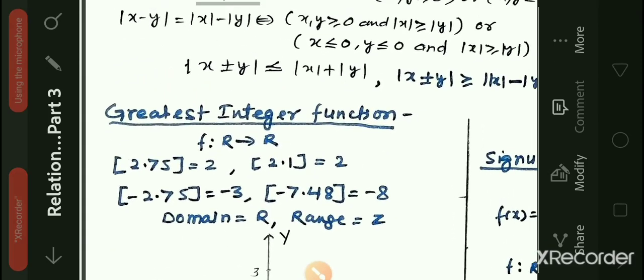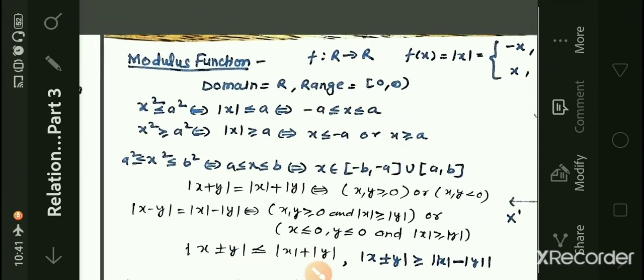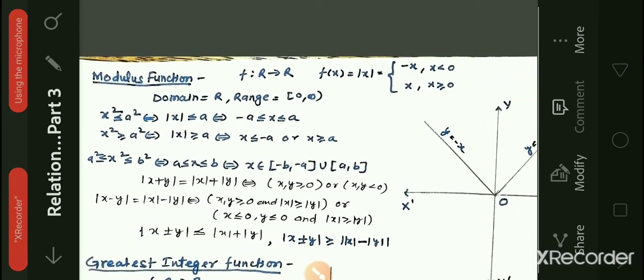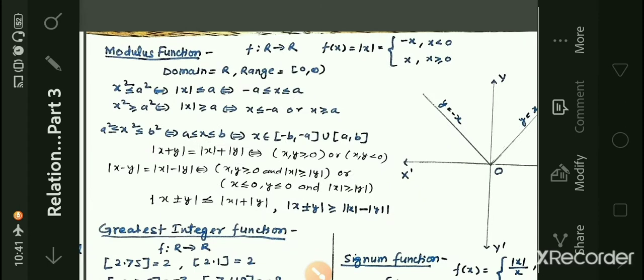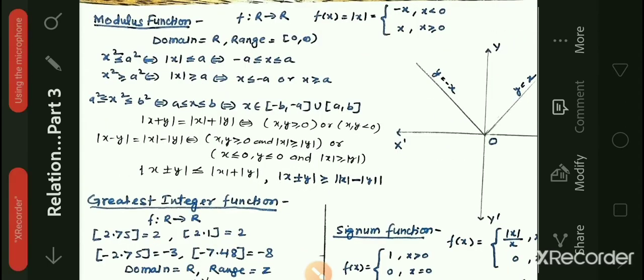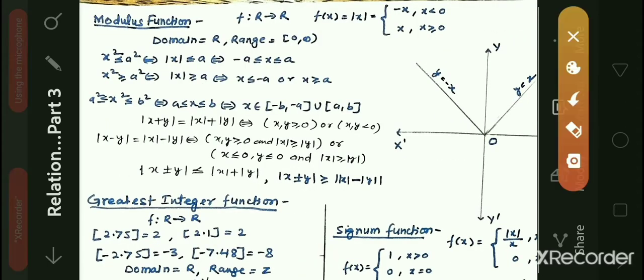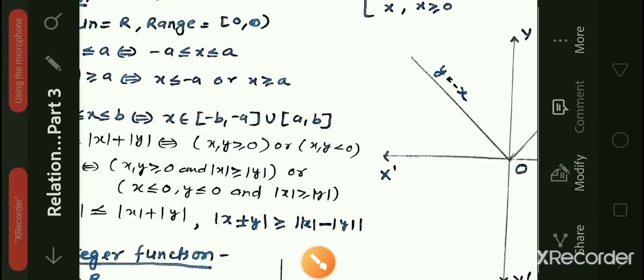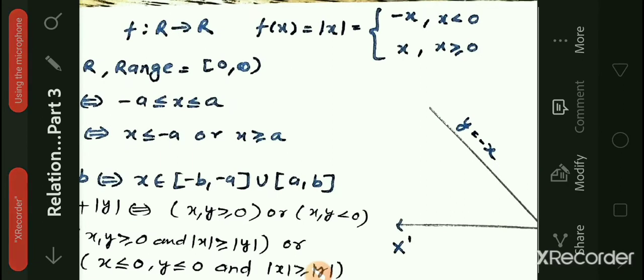One of them is the modulus function. The modulus function is f(x) = |x|, which is equal to -x or x.